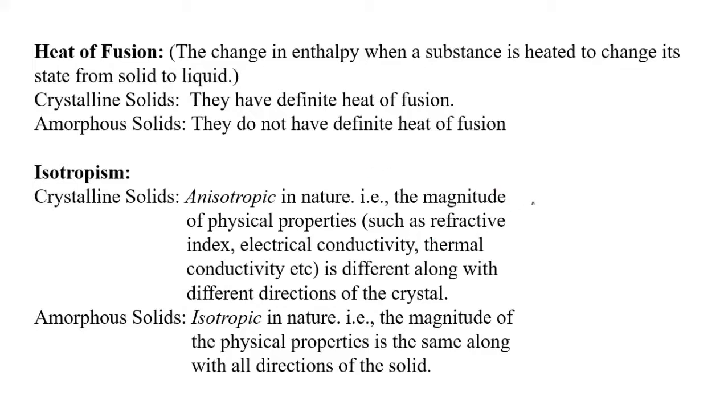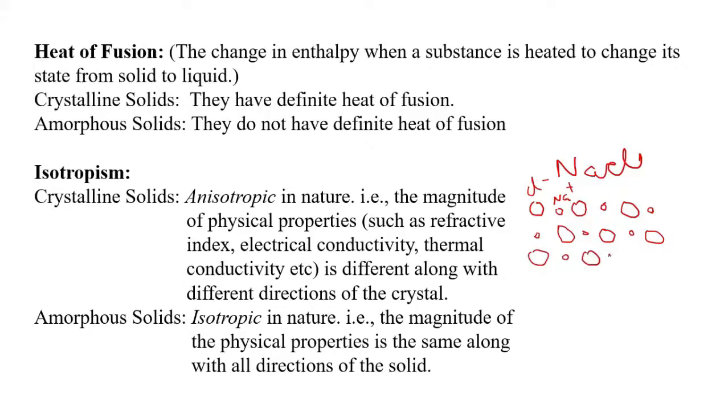Suppose in a crystalline solid like sodium chloride, this is your Cl minus, and this small one is Na plus. The atom arrangement is very ordered: chloride, sodium, chloride, sodium, chloride, sodium.